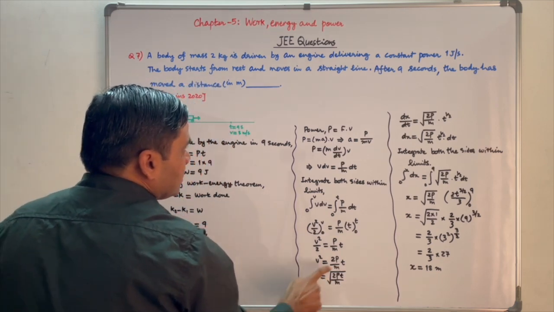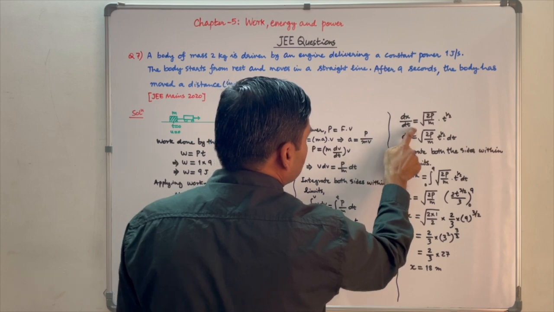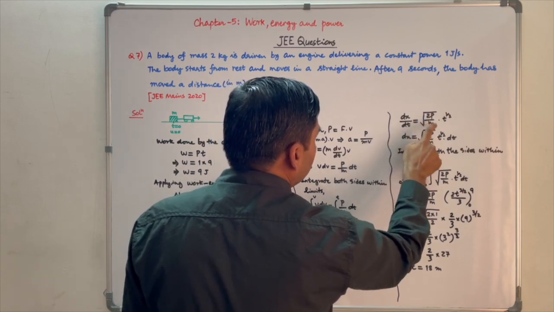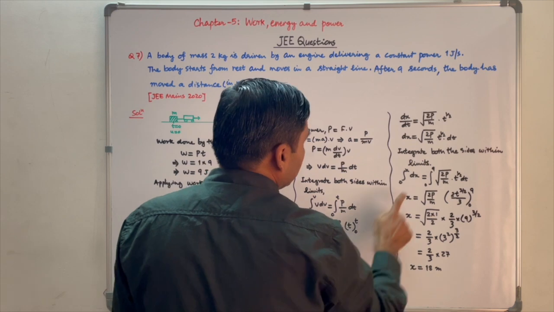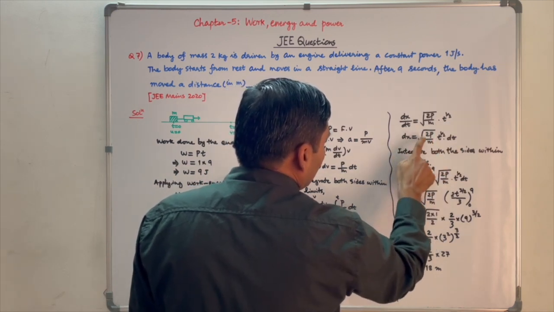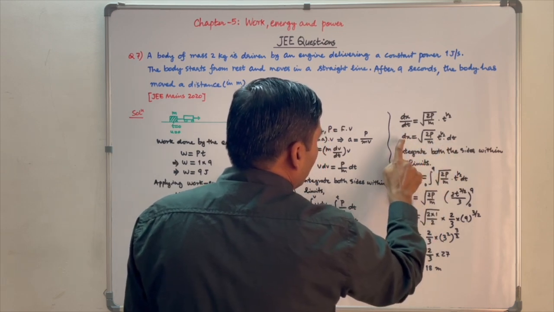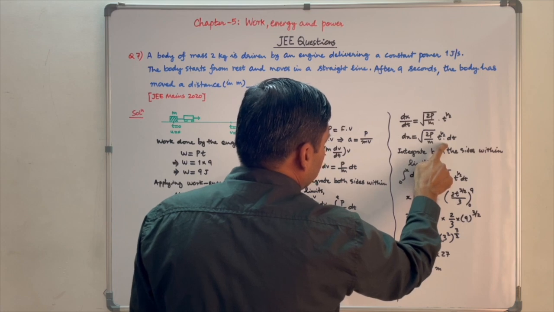Now v can be written as dx by dt, rate of change of displacement, and that is equal to under root 2P upon m into root t, which can be written as t to power 1 by 2. So dx is equal to under root 2P upon m t to power 1 by 2 dt. We can integrate both sides of this equation within limits.